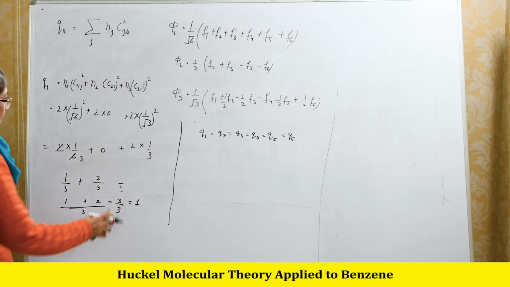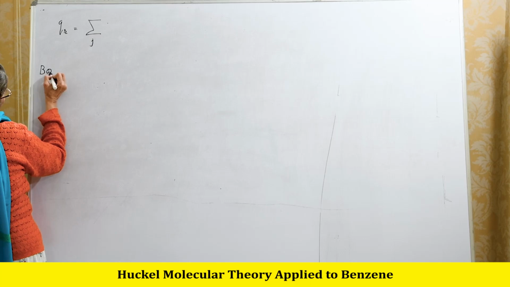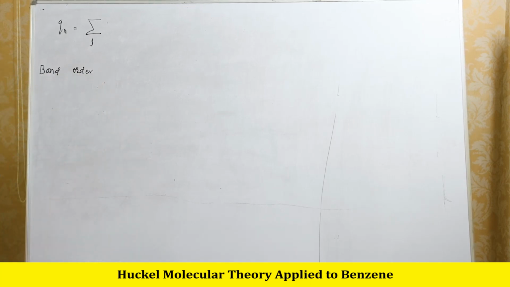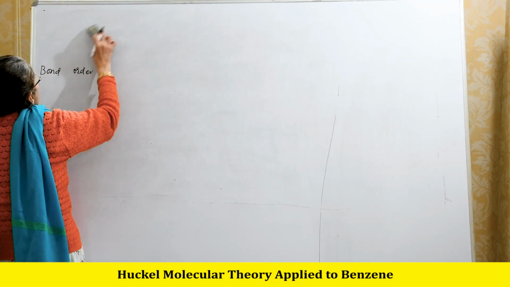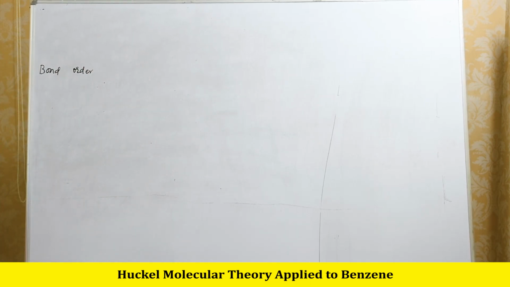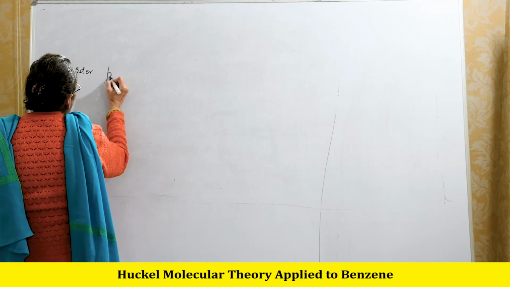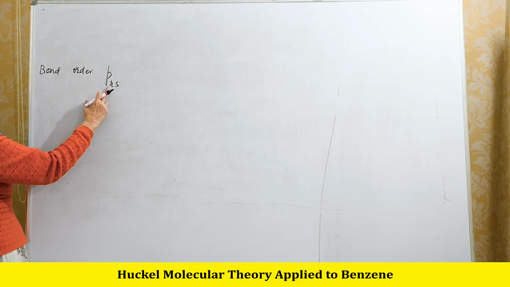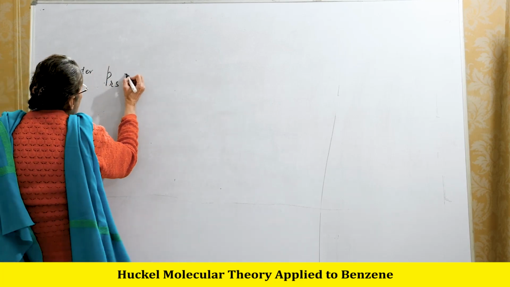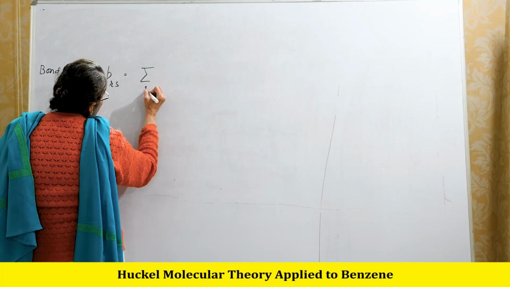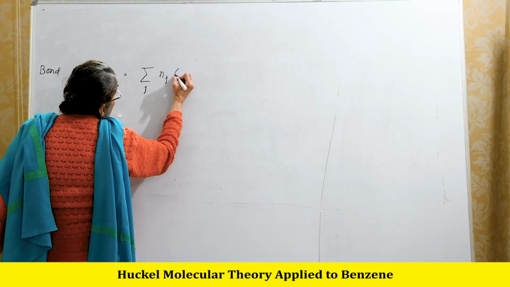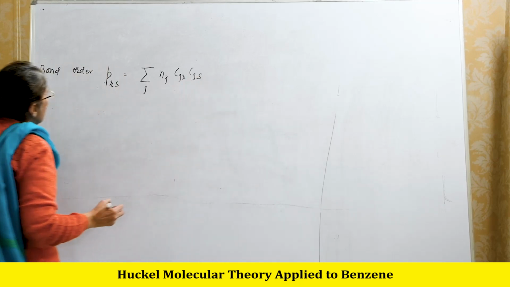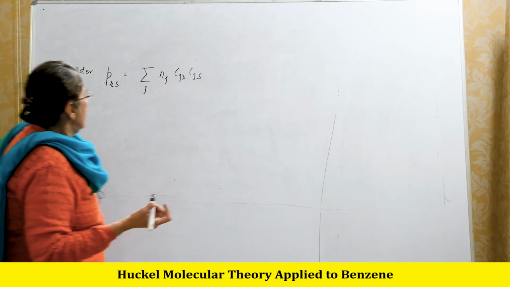Next is bond order, and again I will calculate only for one bond order. Bond order PRS is the bonding between the Rth carbon atom and Sth carbon atom. This is sigma j, Nj, Cjr and Cjs.